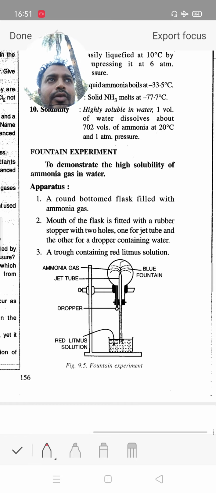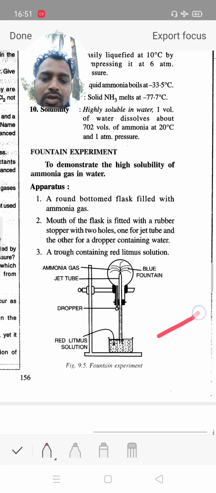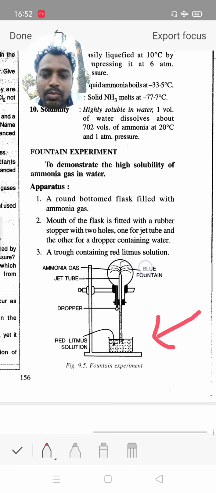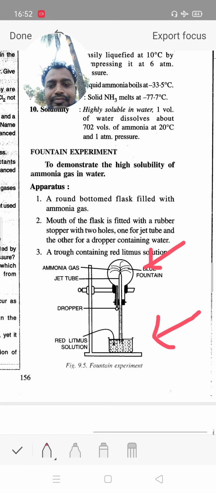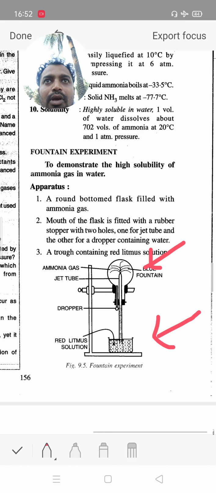Now we discuss that it is highly soluble in water by using the fountain method. For the high solubility of ammonia gas in water, red litmus solution is in a round bottom flask having ammonia gas. This red litmus solution turns into a blue fountain because ammonia is basic, alkaline in nature.